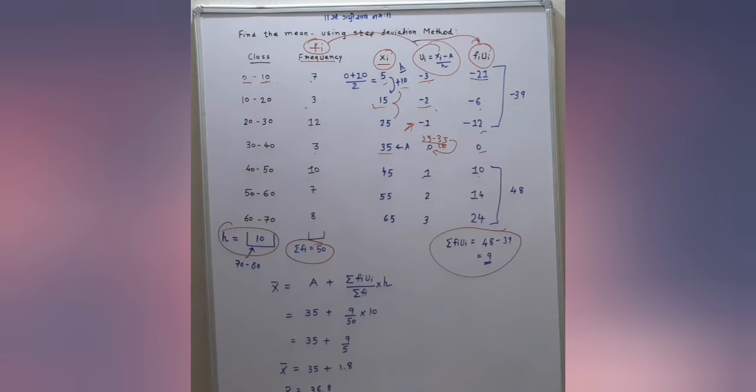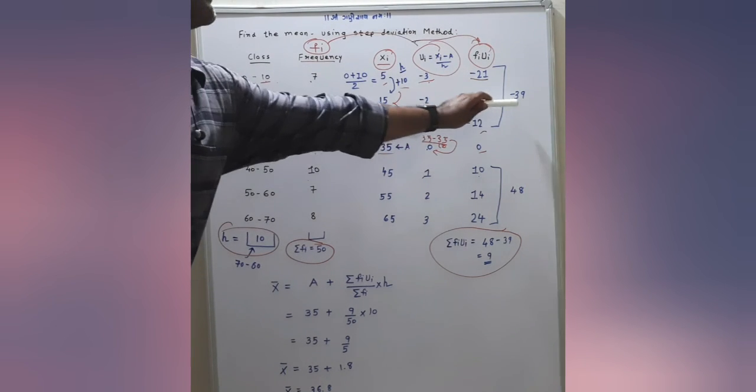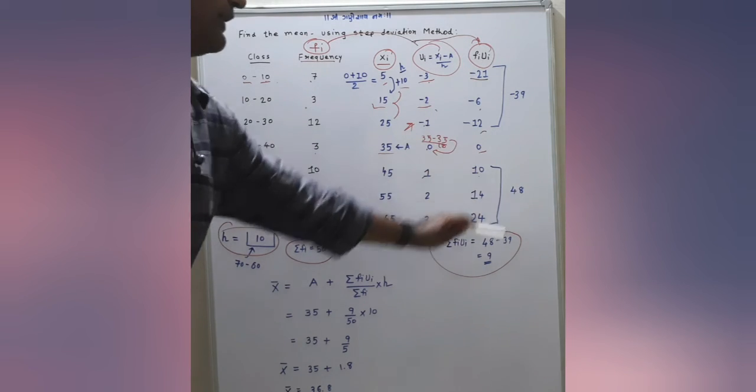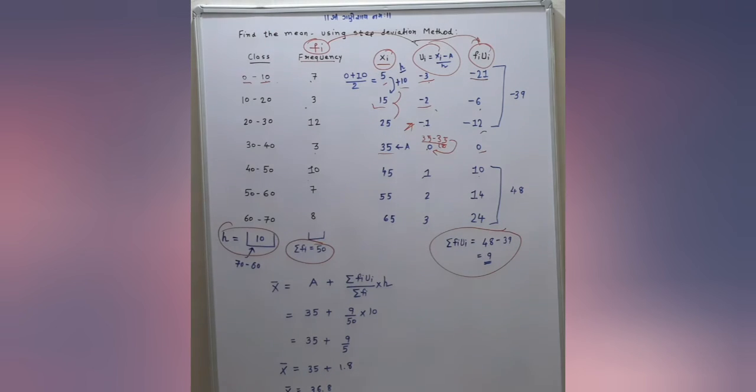So I got all the fi ui values. Now I need sigma fi ui. So the minus values add up to minus 39, and all the plus values I got 48. So 48 minus 39, so I got 9.